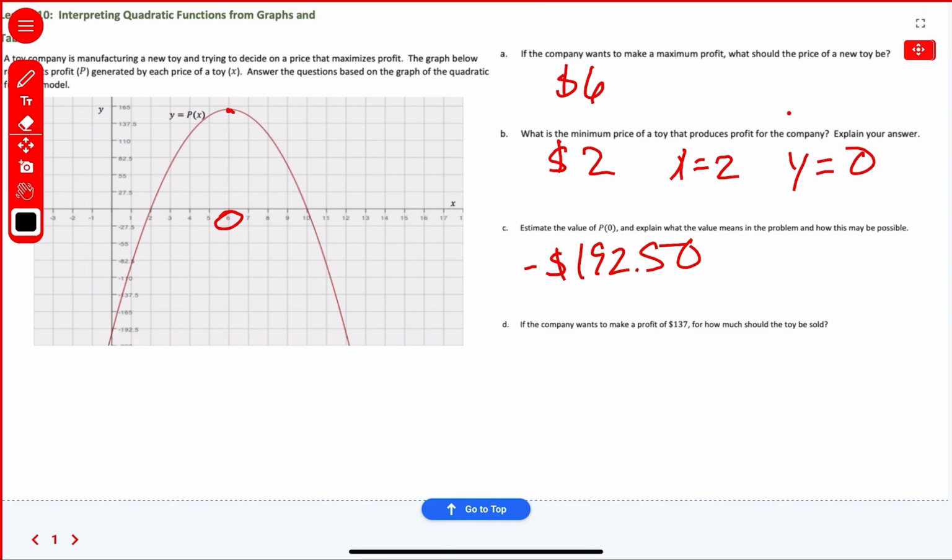So if the company wants to make a profit of $137, for how much should the toy be sold? Michael's got those stupid shoes that he wants to buy for $135. So he's going to sell toys, but he wants to know how much to charge for the toys so that he could sell them and get his $135 pair of stupid shoes. What would he sell them for? Faith?